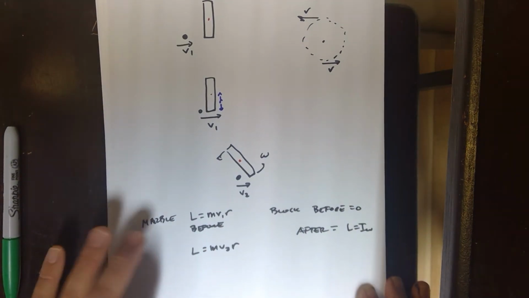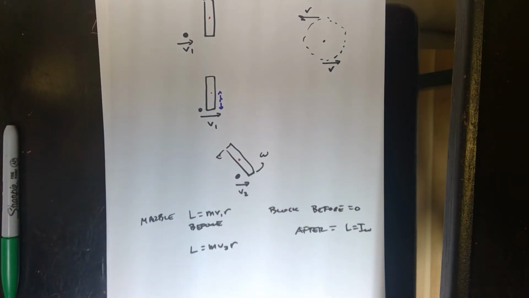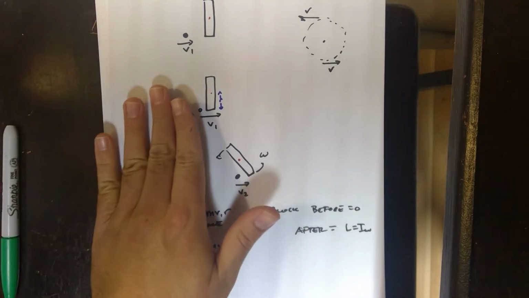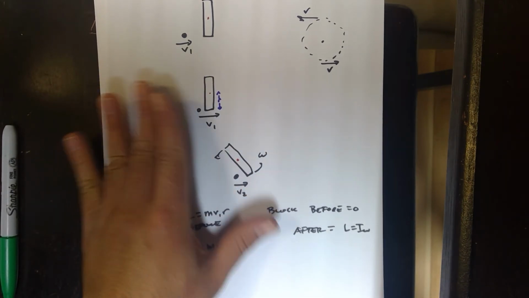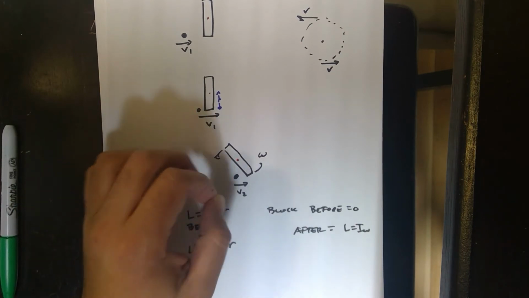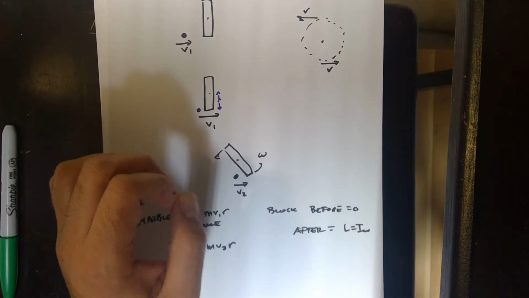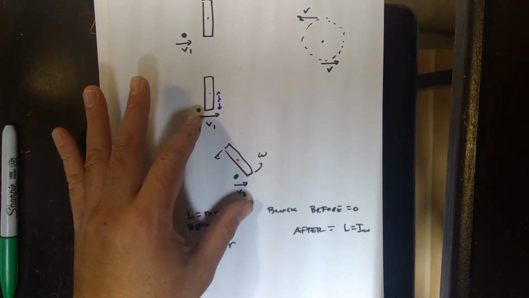All right, so it's rotating about its center. We've got our before things, we've got our after things. Let's look at this from a collision standpoint. One thing I have to point out is that you can look at the linear momentum, and do a linear momentum calculation of m1 v1i plus m2 v2i equals m1 v1f plus m2 v2f, just like we did in the momentum chapter. But we're also looking at the angular momentum aspect of these things.